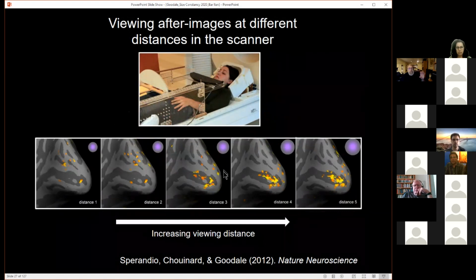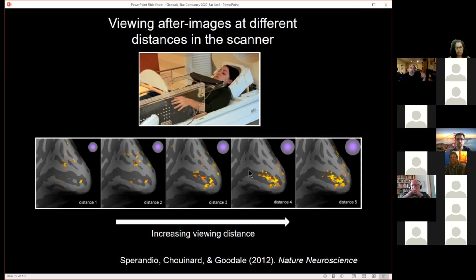And the great thing about after images is that they take about 2 or 3 seconds to form after you turn off the inducing stimulus. They last for about 8 seconds, and then they fade away. So they have the same time signature as a bold signal, which is rather nice.